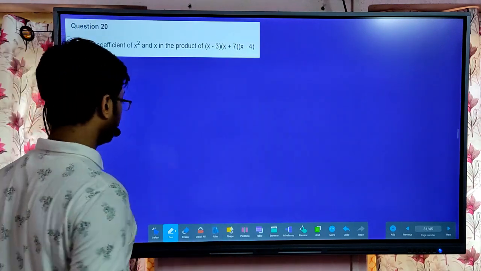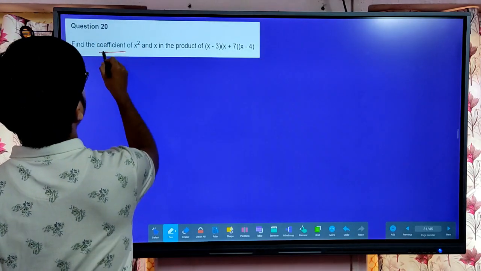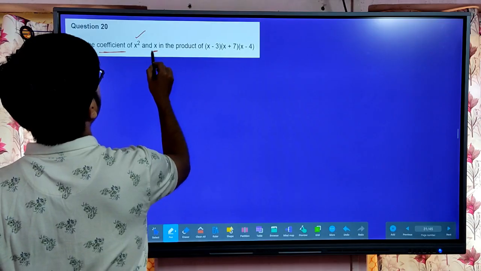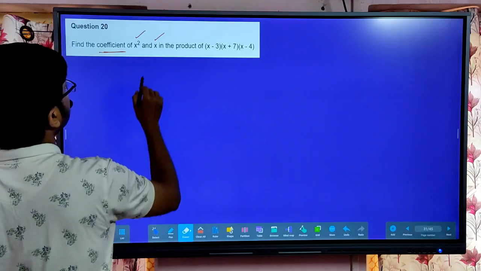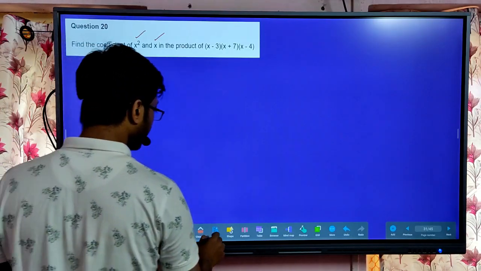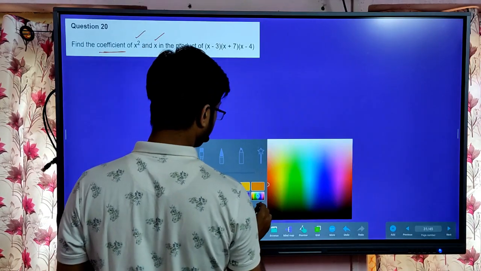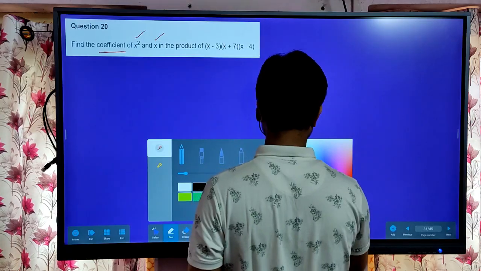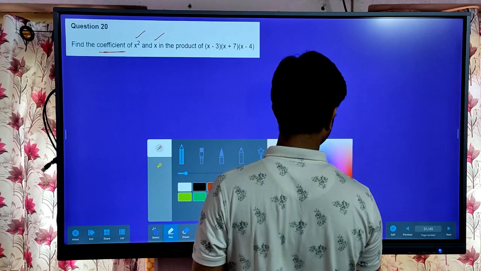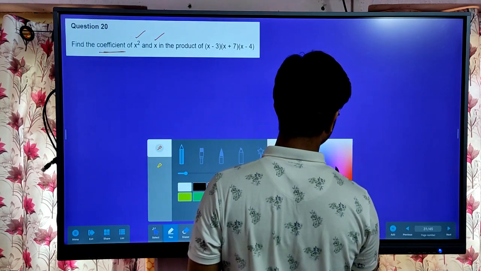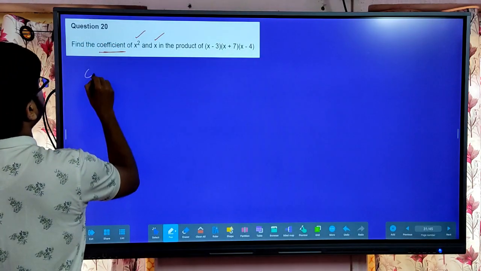You have to only remember what the coefficient of x square is and coefficient of x is. Understood? You have to only remember these coefficients. So you just write like this.